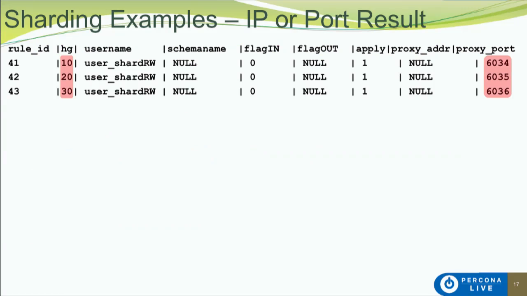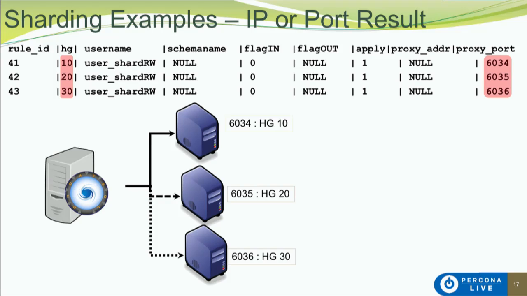What you have is this. Doing the select against the query rules, you will see that you have query rule 31 with host group 10 that will point to port 34, okay? And in ProxySQL, that is what will happen.